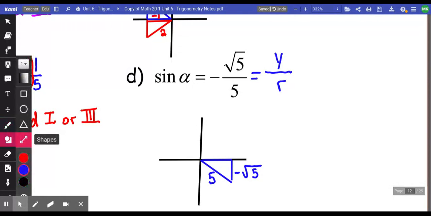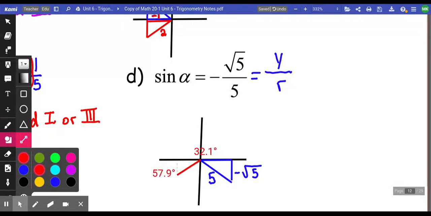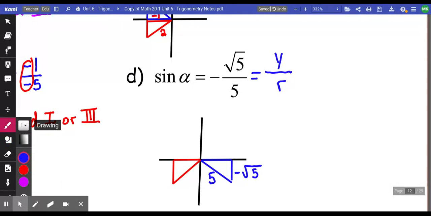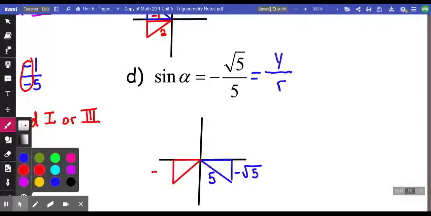The other triangle I could have built would look like this. That thing has a y value of negative root 5 and an r value of positive 5. So this could be quadrant 3 or 4.